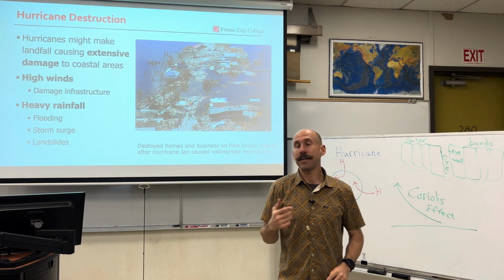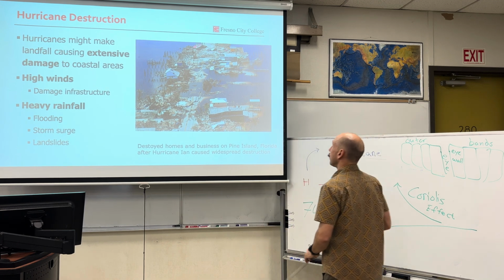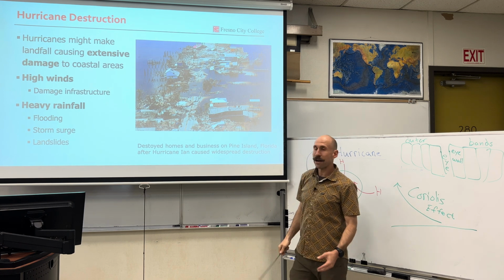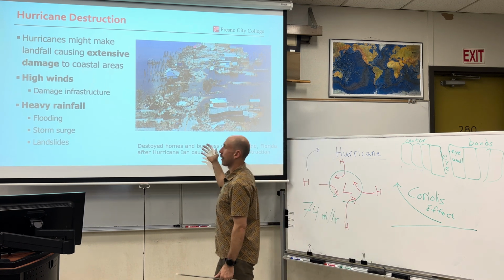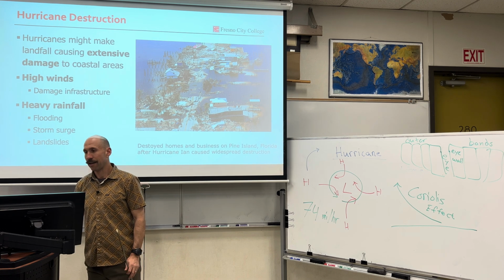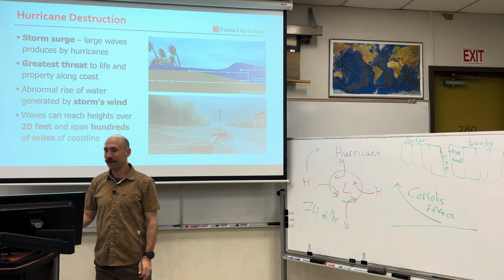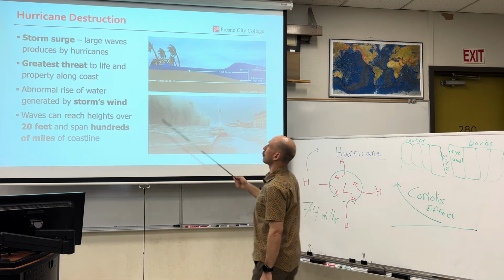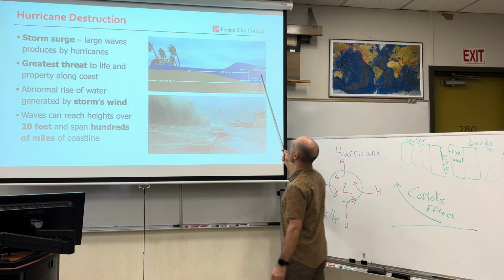Hurricanes are very destructive. The flooding, the winds, the rainfall, it can cause billions of dollars of property damage and extensive death tolls, loss of life. They're very sad. The most destructive part is going to be the storm surge, which is basically a big wave.